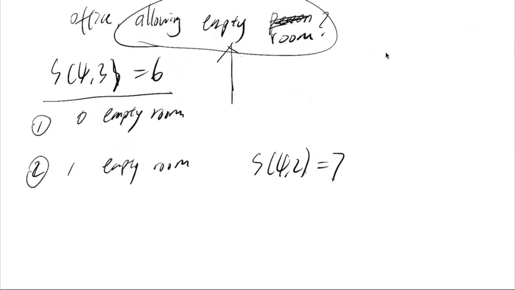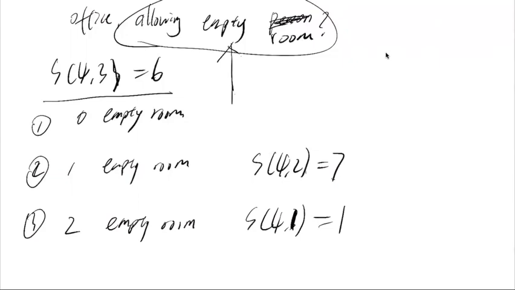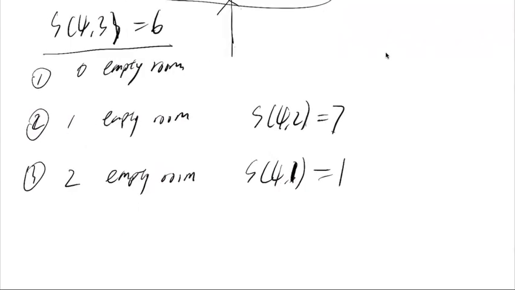We just calculated that. And then I can allow 2 empty rooms. So that's just S(4, 1), because we only have 1 room left, so that's 1. If we allow all 3 empty rooms, the problem doesn't work, because we need to arrange these 4 people into at least 1 room. So in total, this problem is just 6 plus 7 plus 1, equal to 14.